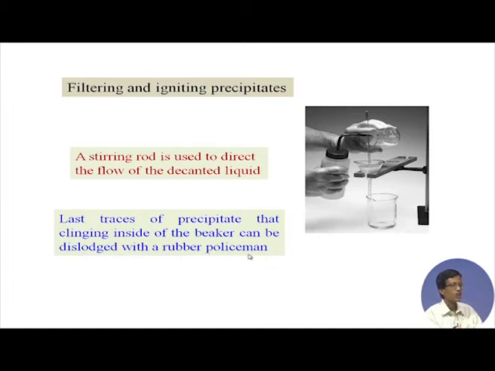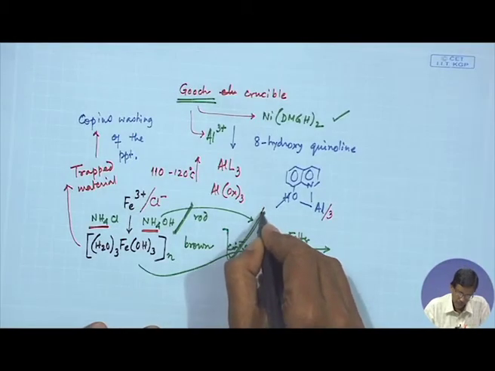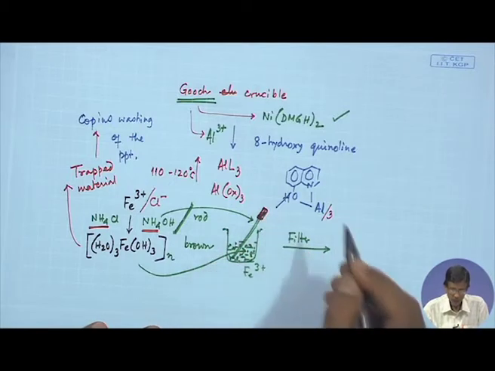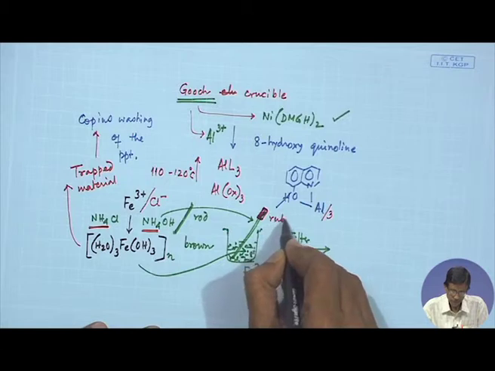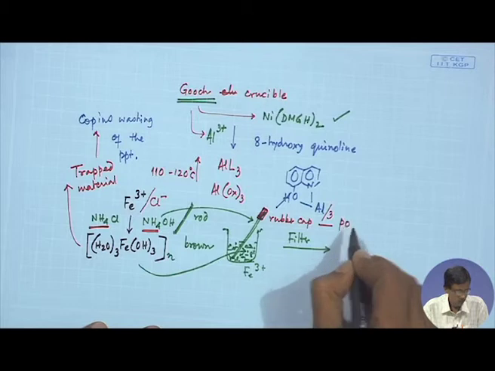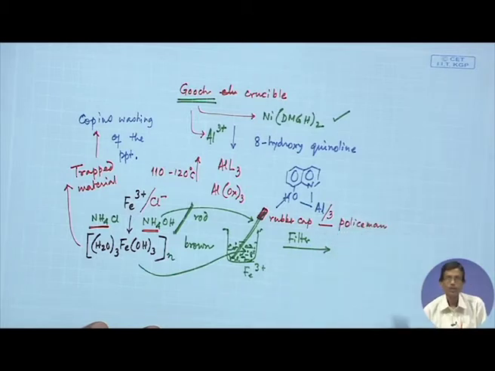So, this is another use of this rod, because sometimes it is not a very simple glass rod. When we go for the precipitation, you have a rubber tubing over this glass rod. So, basically it is like a cap of a policeman. This is a rubber cap, which is your corresponding policeman.